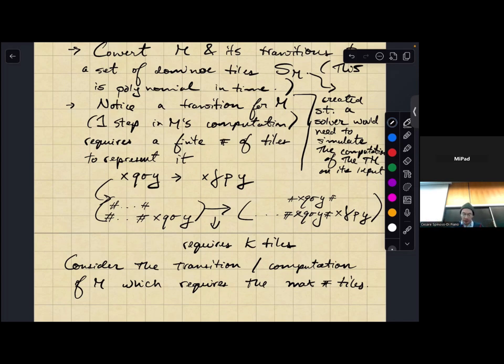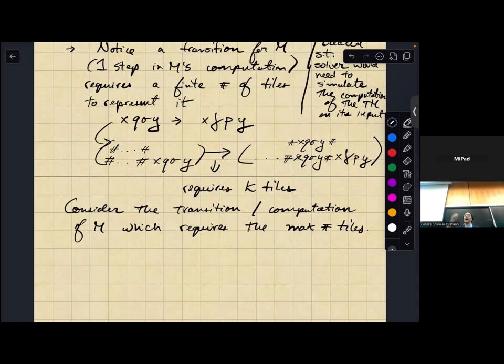That, or there's some number of tiles that are required to transition from one state to the other state, for all of the Turing machine states. And now I just take the one that requires the maximum number of tiles. So let's call this K prime.